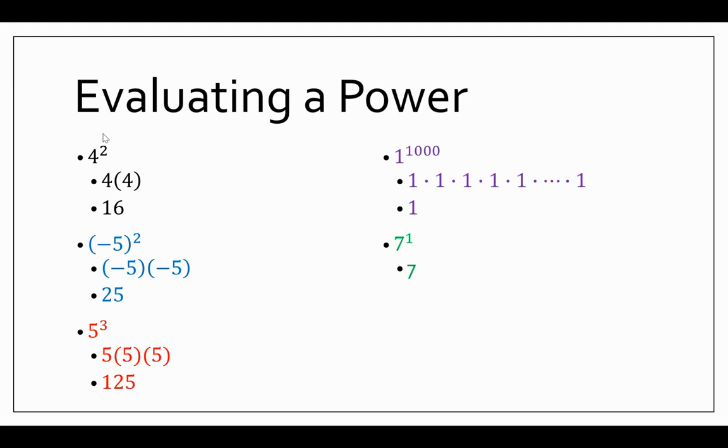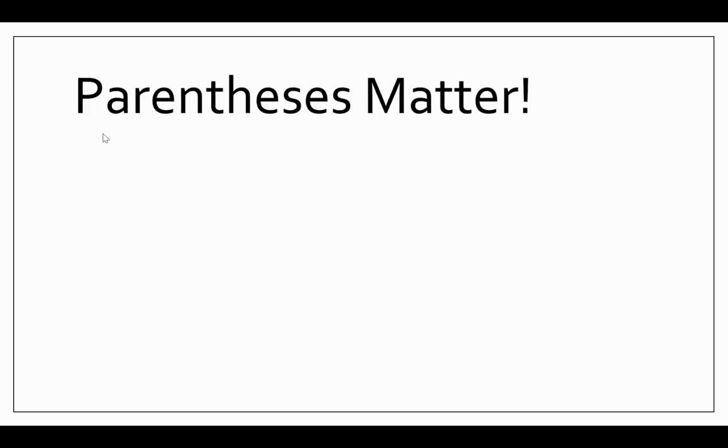Okay. Looking at evaluating powers, a couple of examples, you're going to have to evaluate them out. Remember, parentheses matter. We have to be very careful with our parentheses. If we have -3 to the 4th, we can think of that as -1 times 3 to the 4th.